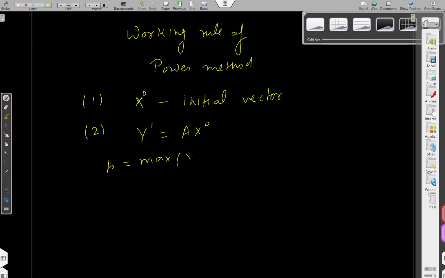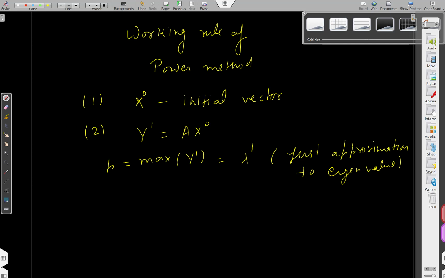That is the maximum entry in vector y1. That we can take as the first approximation to the eigenvalue.